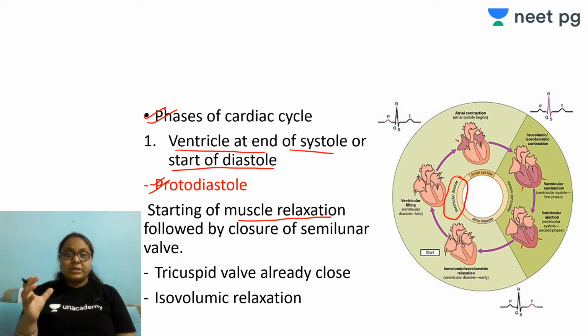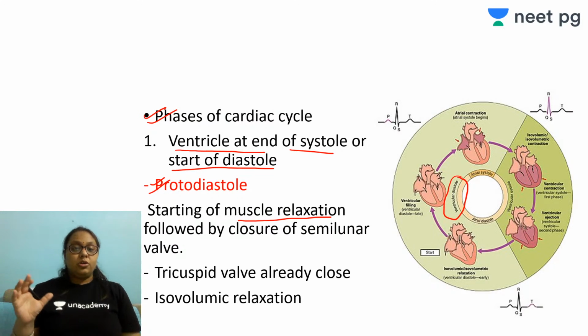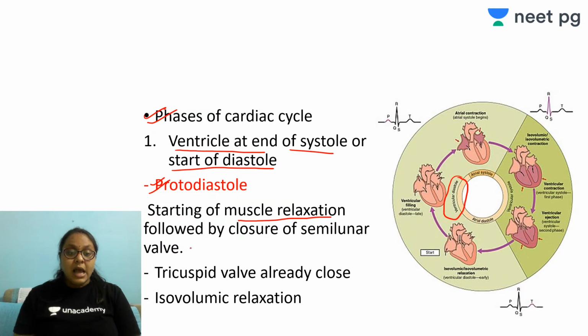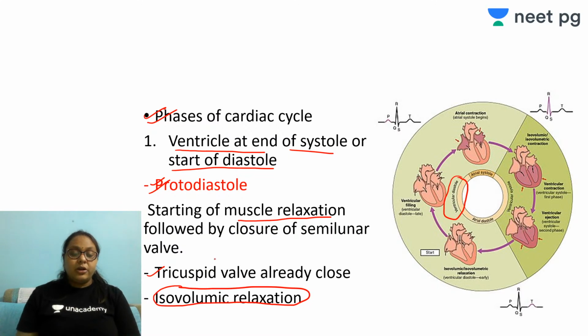So protodiastole is just the start of the muscle relaxation, which is followed by the closure of the semilunar valves. The AV valves, the tricuspid valves, are already closed because the ventricle is in diastole. Both the valves are closed, the AV and semilunar valves.